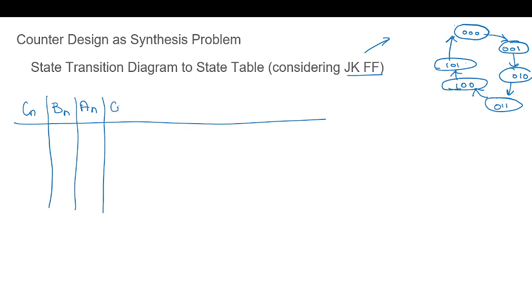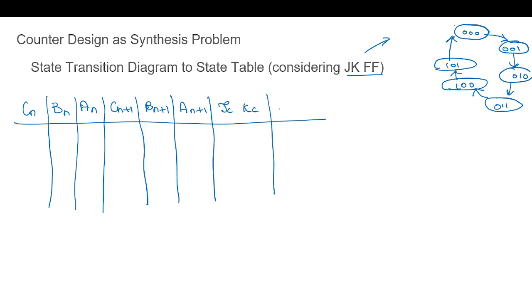Then next Cn plus 1, Bn plus 1, An plus 1, and what will be the J and K for C, for B and for A.